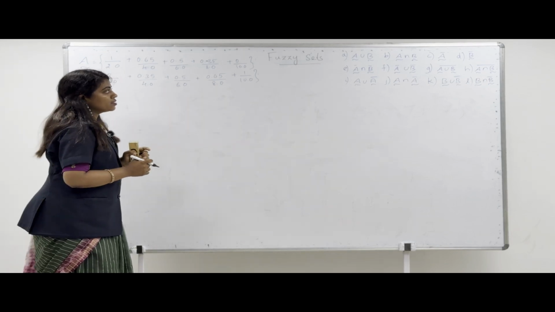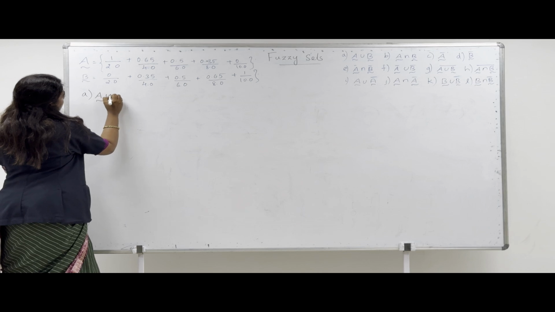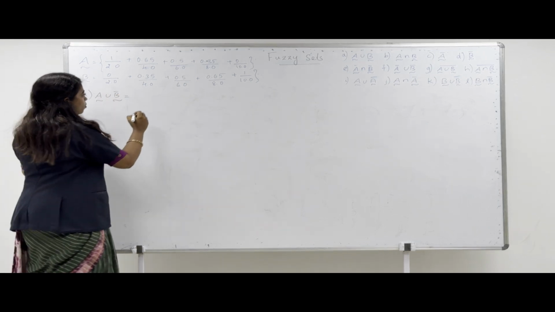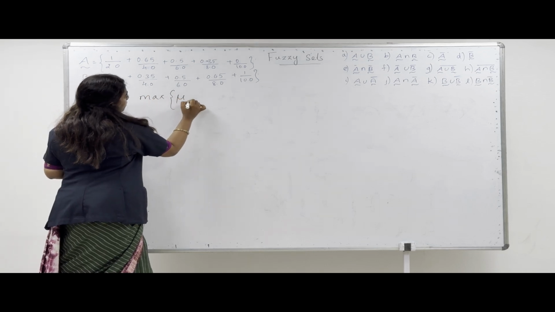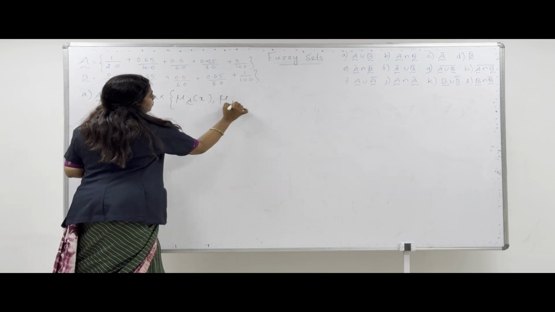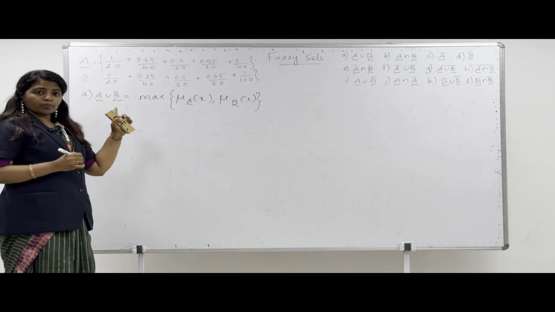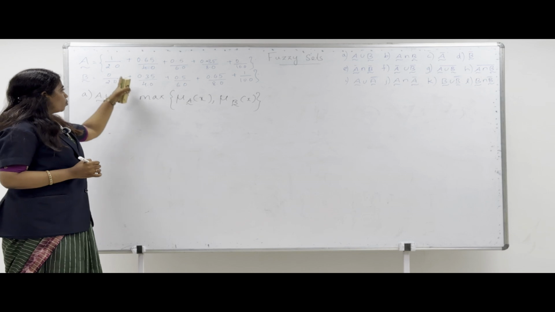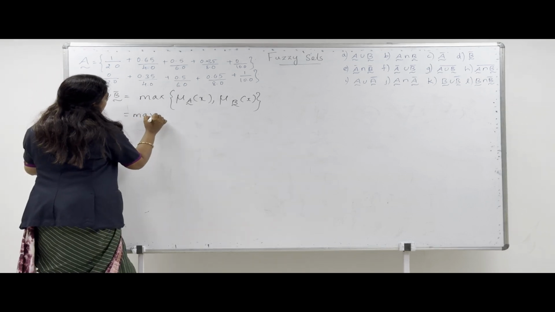The first question is A union B. The formula is max of membership A of x comma membership B of x. We can perform these operations only when the denominator is equal for both the sets. Okay. So, here write the values, max.